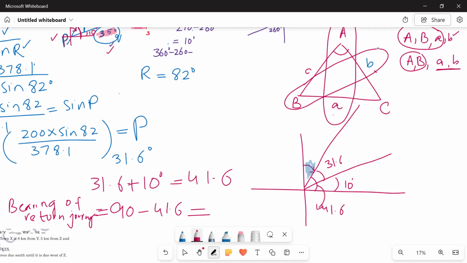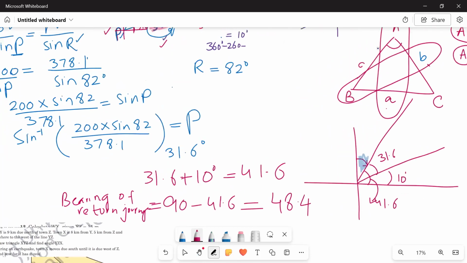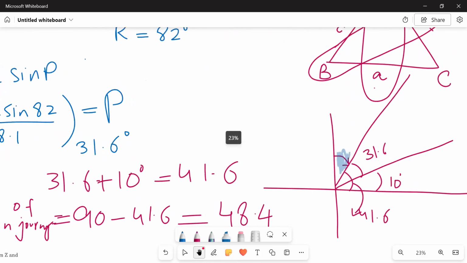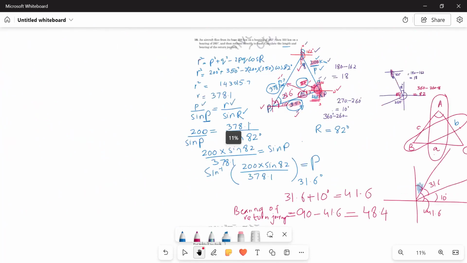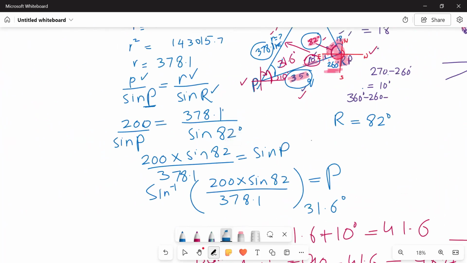And why do we add 10? It's 48.4. Miss, why do we add 10? Because if we talk about this complete quadrant, this is complete 90.